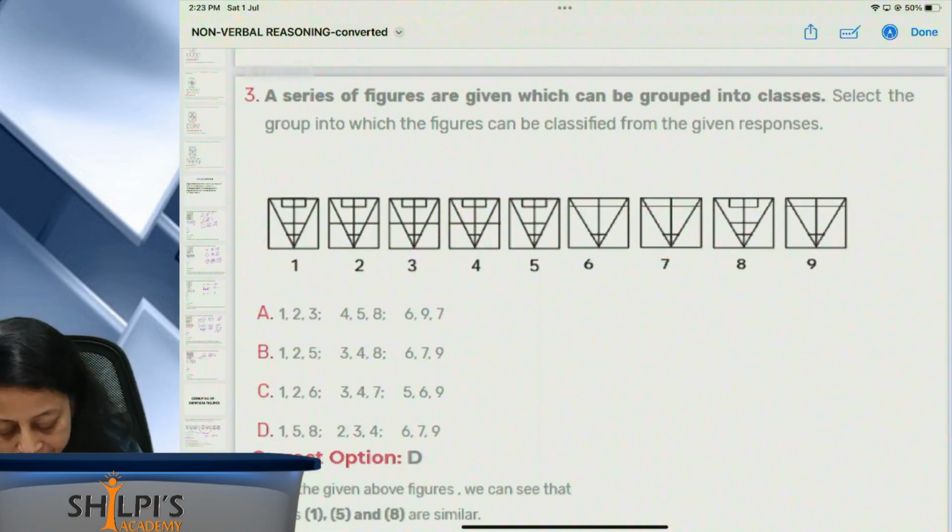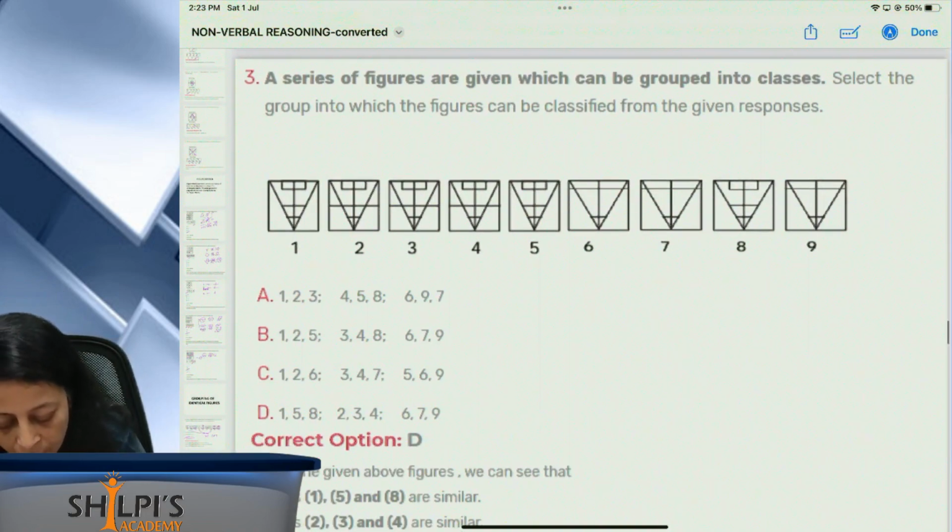Next is, what could be the option here? Here you have got 2 lines, here you have got 2 lines, here you have got 2 lines. So 1, 5 and 8 all have 2 lines.